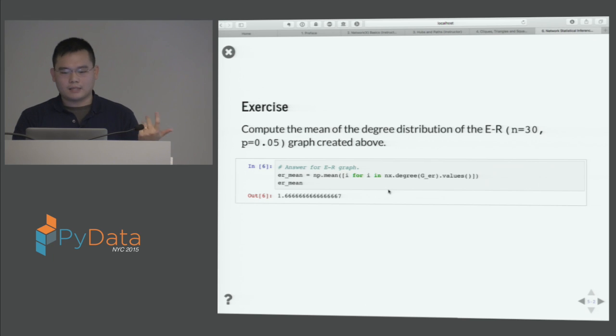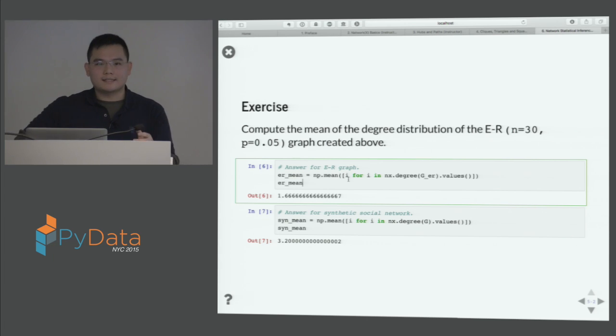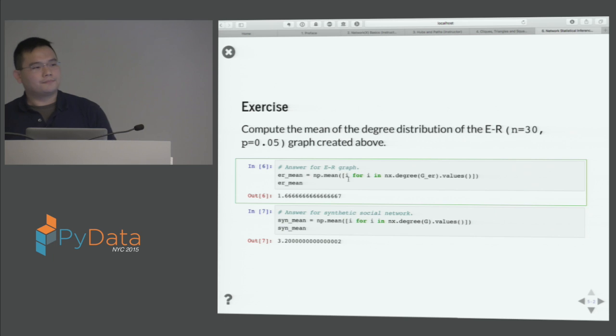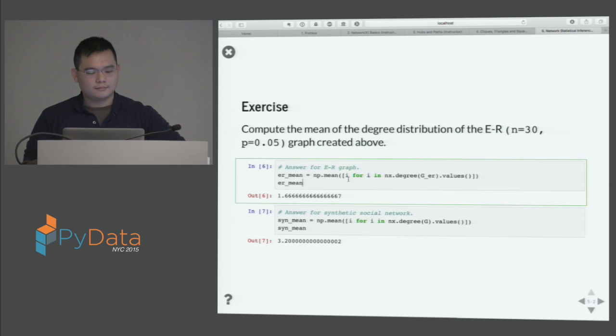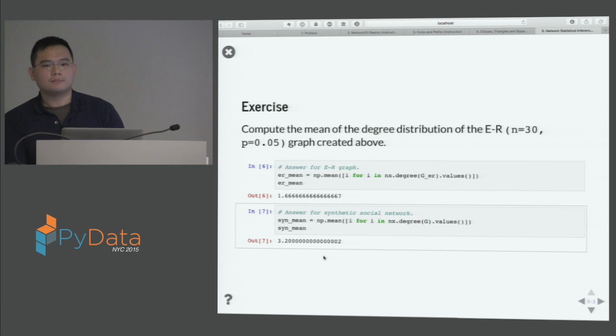So I'm going to give you the answer to the mean of the degree distribution, and then I'd like you to work on the next exercise below. And like I was saying, the mean that you get for your synthetic network might not be the same as the mean that I get, but I'd like you to just give that a quick shot.